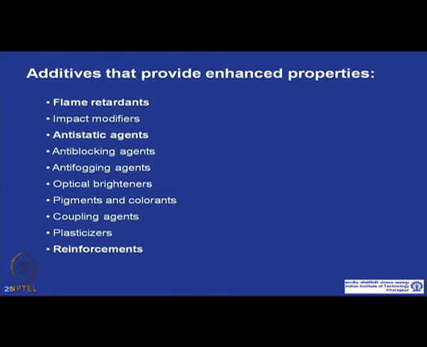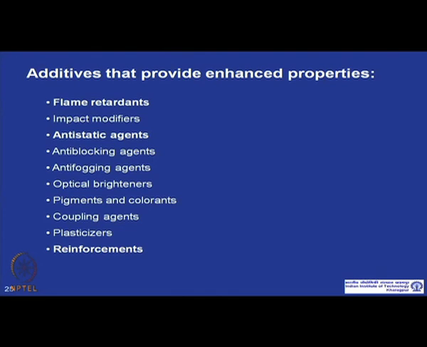If your application requires a polymer which is flame resistant, then you must add a flame retardant to it. And if you are making a polymer which will be a packaging film for food wrapping applications, then if it has anti-fogging additives, it will prevent fogging or condensation of water moisture in the packaging film, which will allow the customers to look through that film.